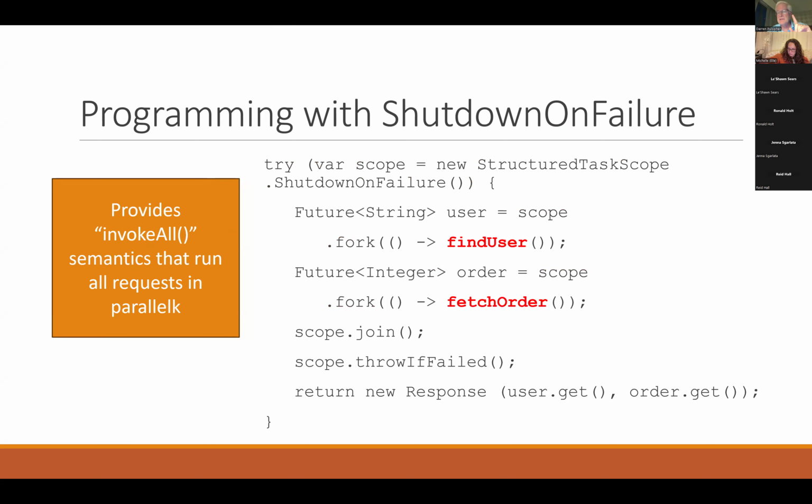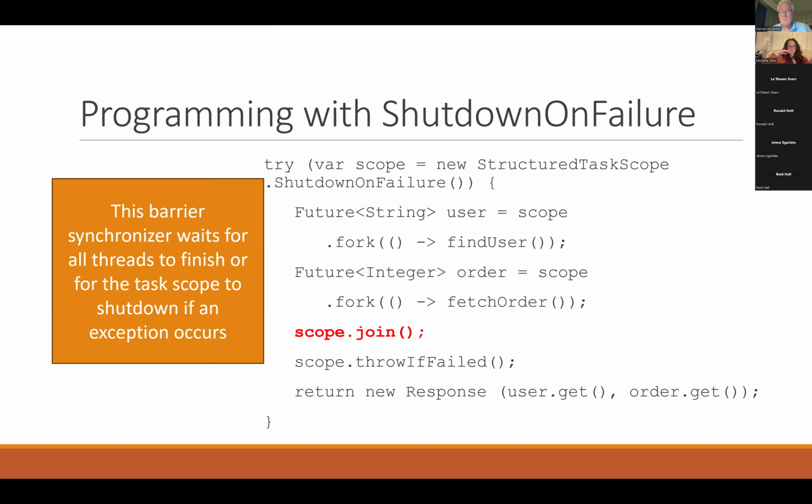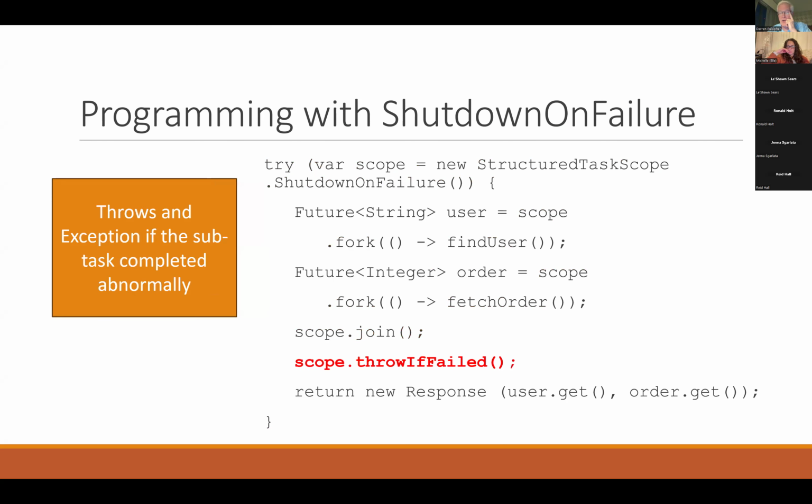You guys understand these concepts? They're important for the next assignment. No questions on shutdown on failure? Okay. Don't forget, you will use this in the next one. You'll throw if failed. You're going to throw an exception outside of the task. If I don't put this in there, what happens if an exception is thrown in one of the subtasks?